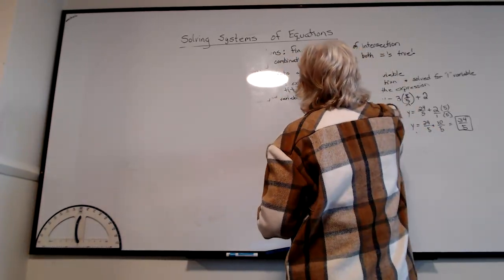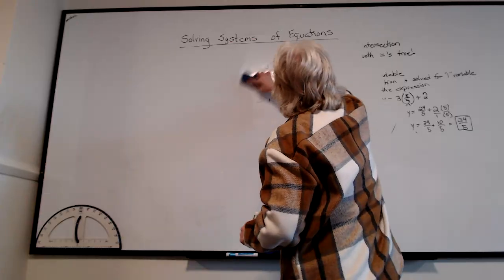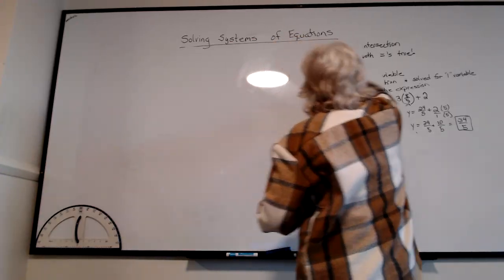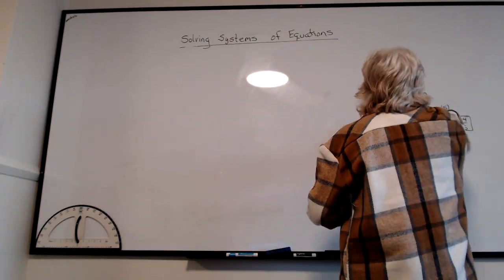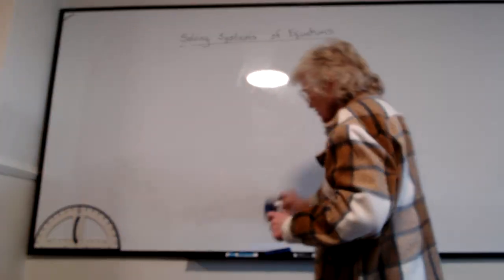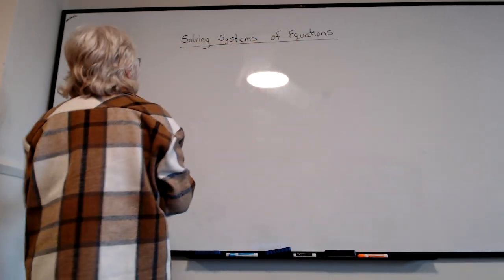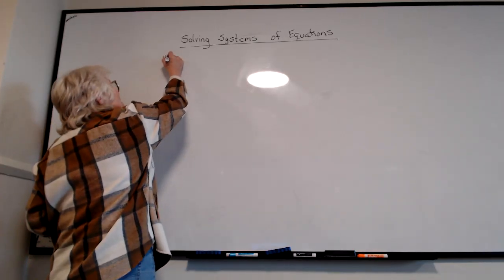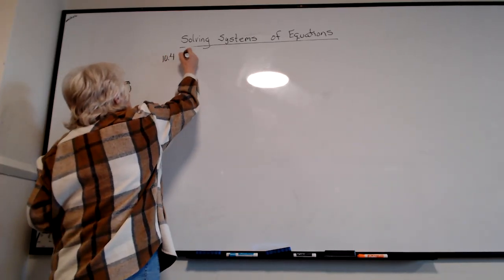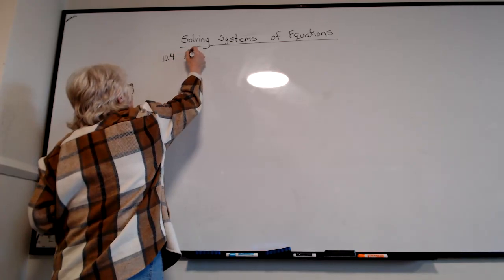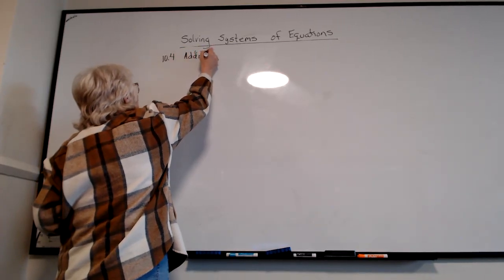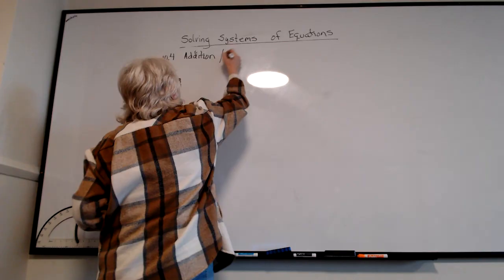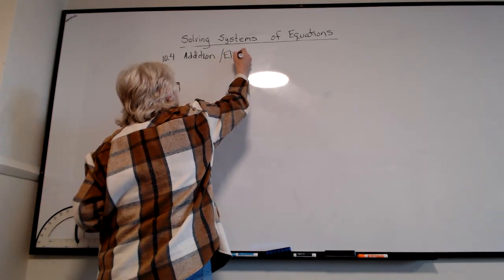I kind of like to put the two things that it's called depending on your math book. And if you go look at worksheets on the internet, they're going to talk about two different methods that are really the same. So this is 10.4. It's called the addition method in some books, and it's also called the elimination method.